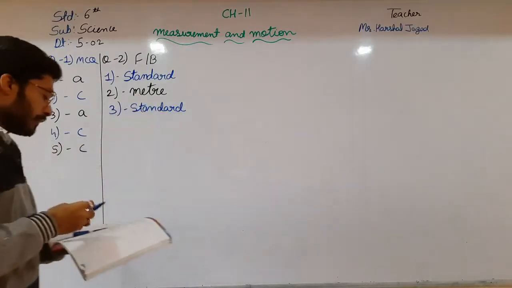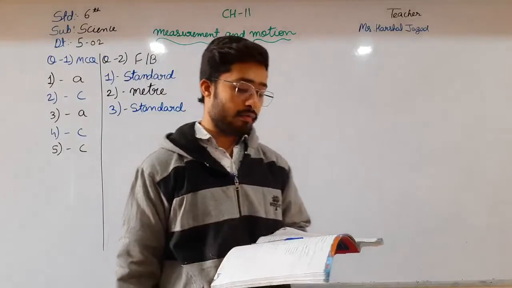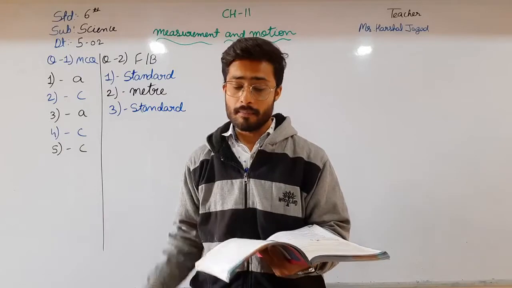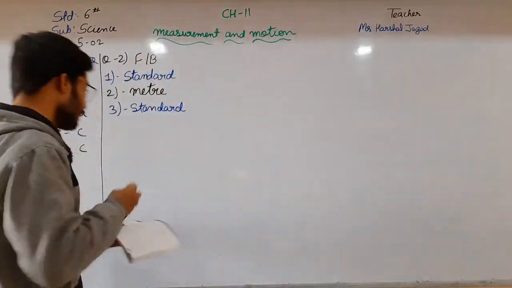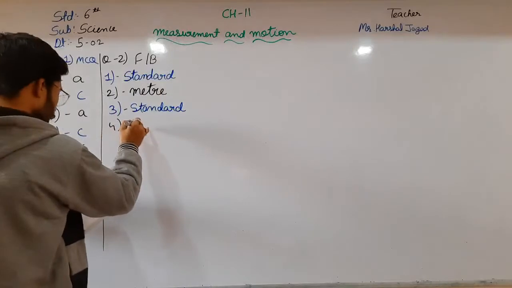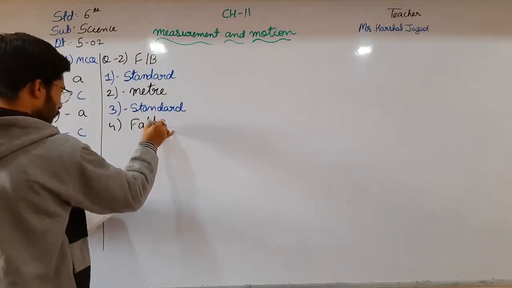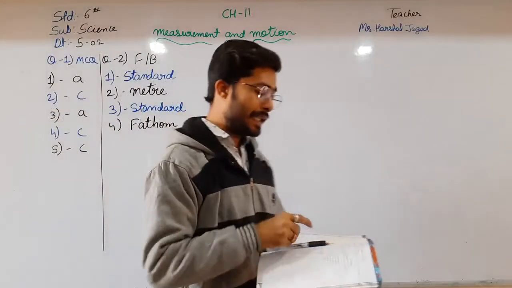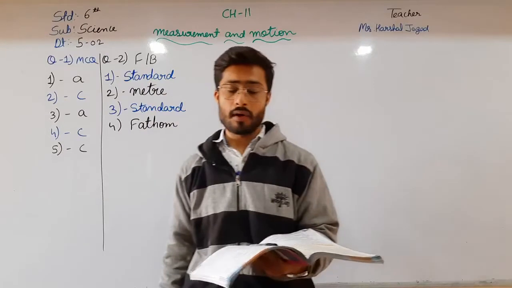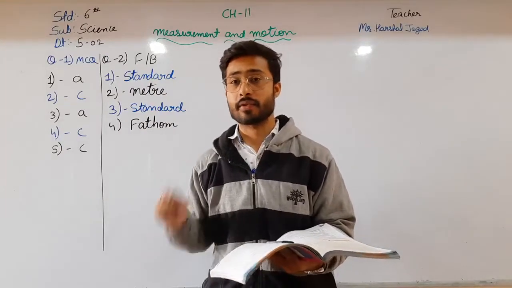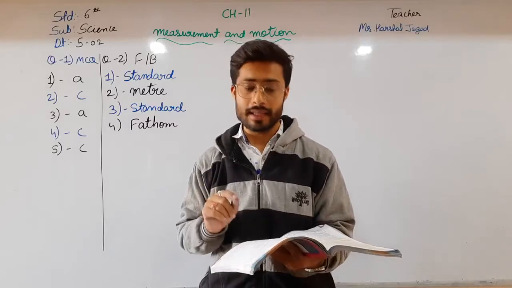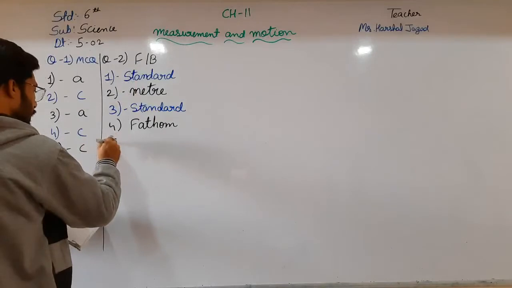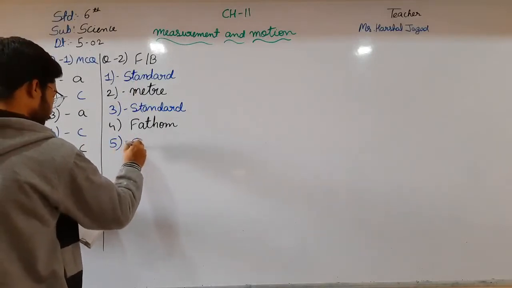Fourth one: the length of an outstretched arm is called dash, cubit or fathom. So here the fourth will be fathom. Fifth one: rectilinear motion is motion along a dash line, straight line or curved line. So here it will be straight line. So fifth one is straight.